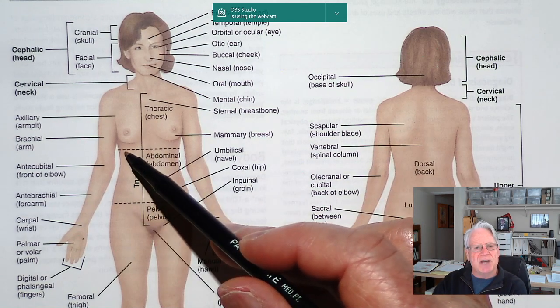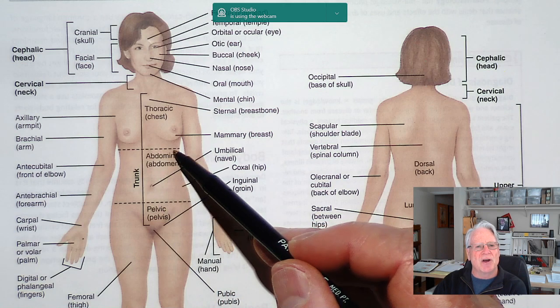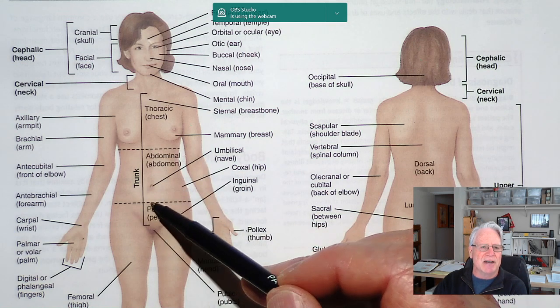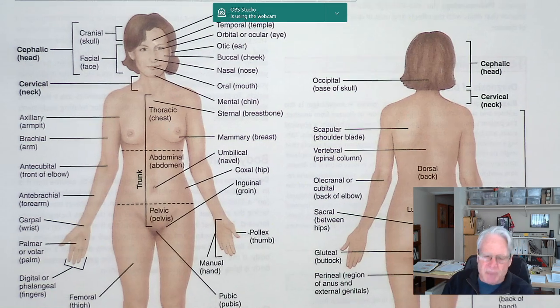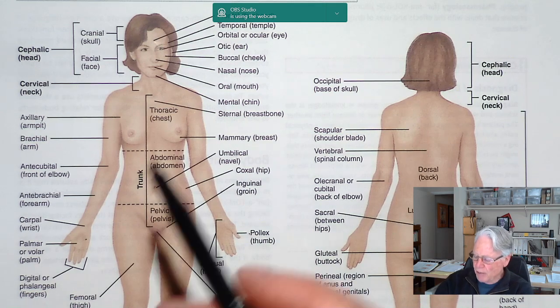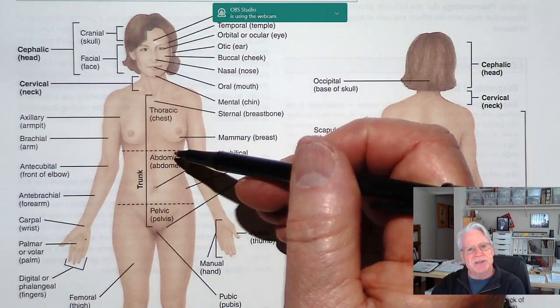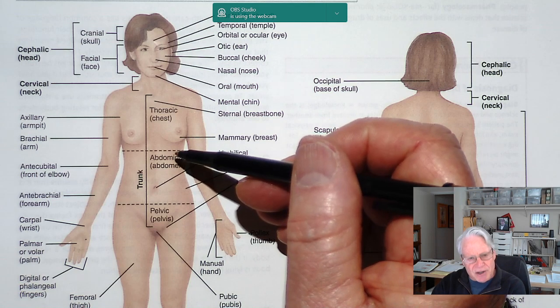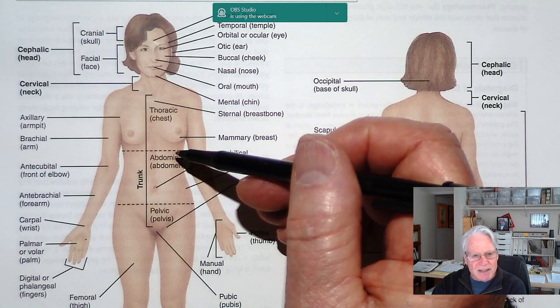Now, separation of those areas, as you can see on the drawing, is done by these dotted lines. As I'm sure you've noticed by now, your body doesn't have those dotted lines. So what are we referring to? What is this all about? Well, these are landmarks, and mostly they're interior landmarks. So the exterior part is not clearly defined, but interiorly it is.